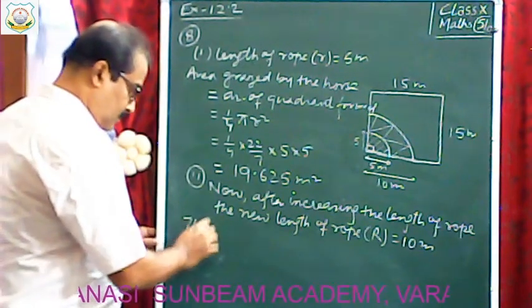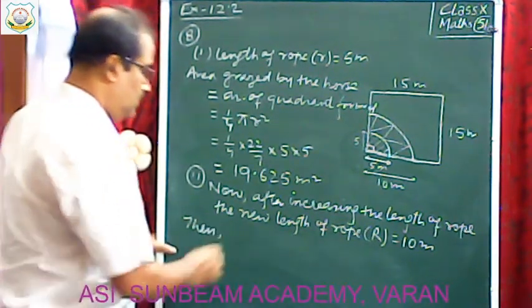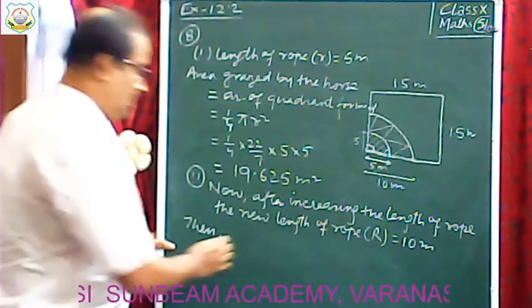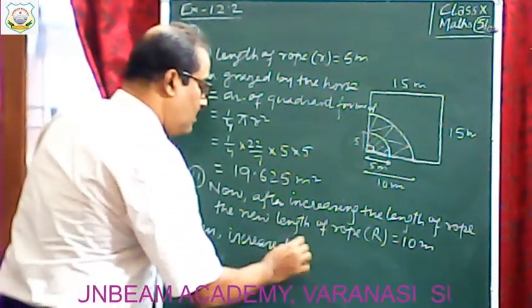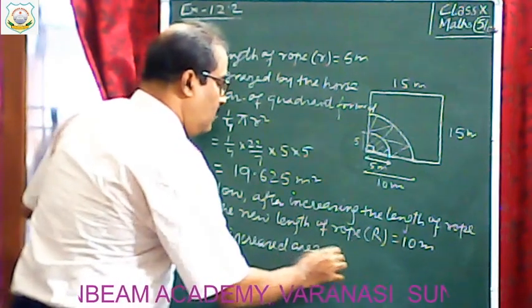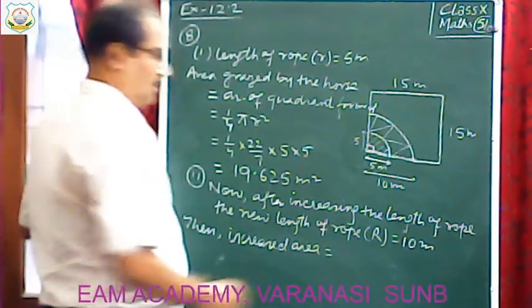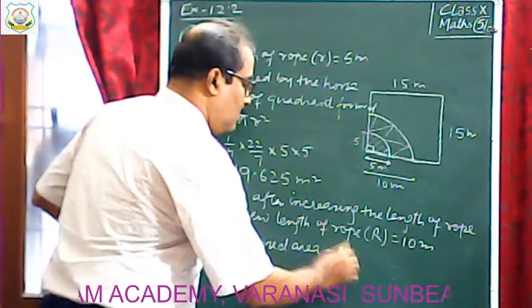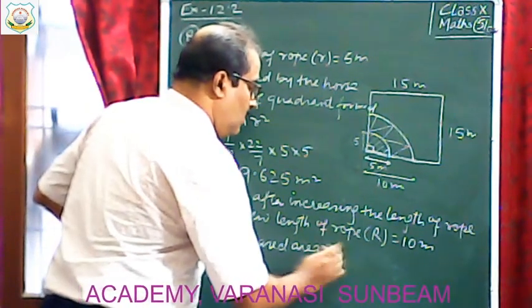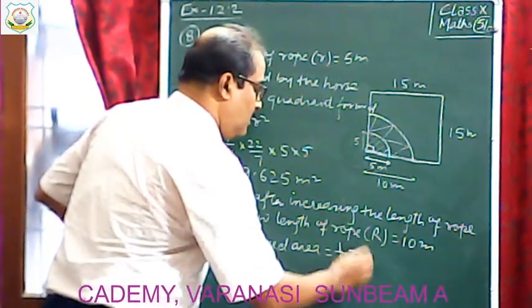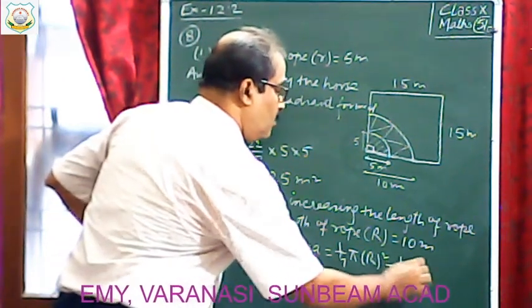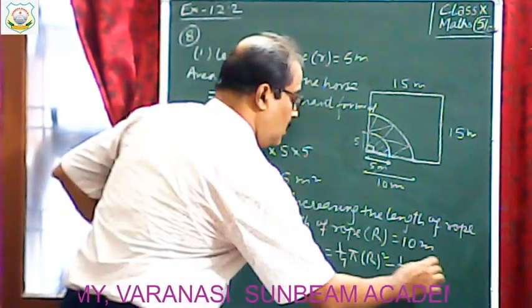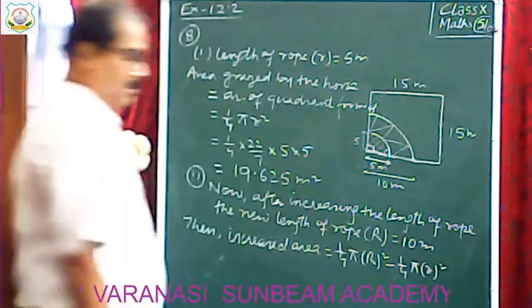So then increased area equal to 1 by 4 pi capital R square minus 1 by 4 pi small r square.